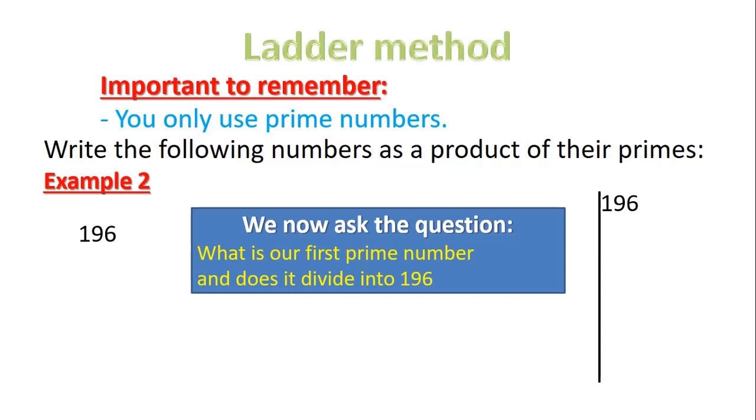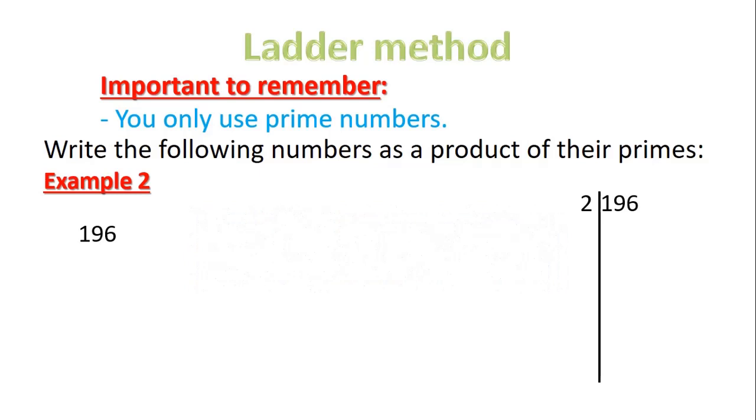Well, our first prime number is 2. And does it divide into 196? Hopefully you can see that it does. And so I put a 2 just to the left of it, and I do a division. 2 into 196 gives me 98.